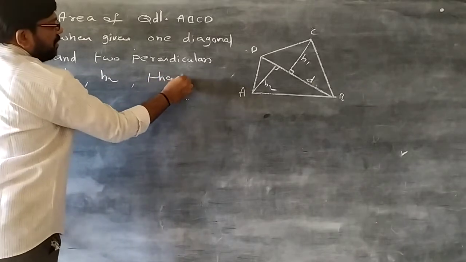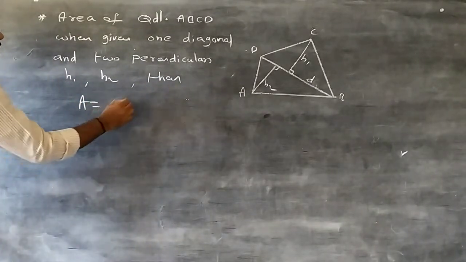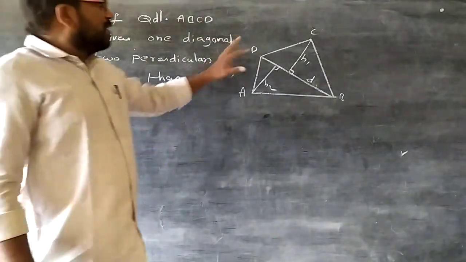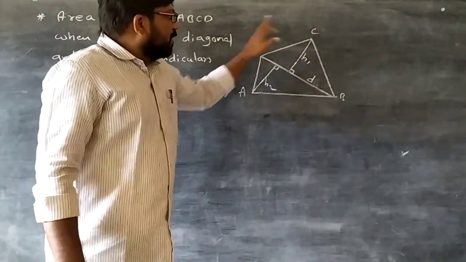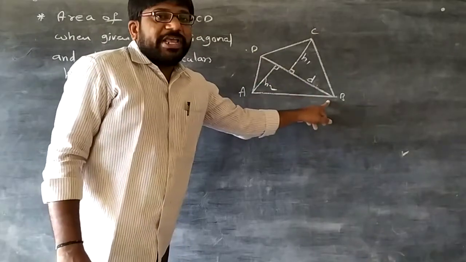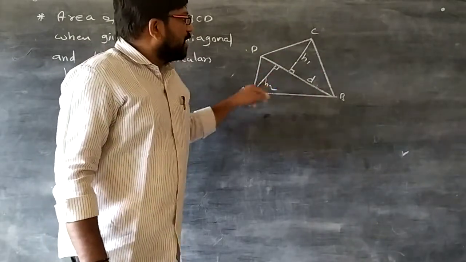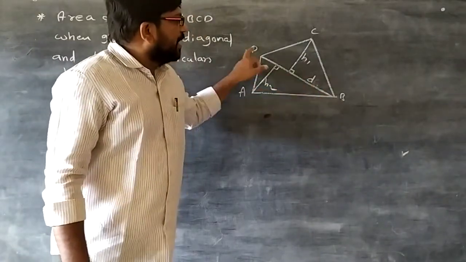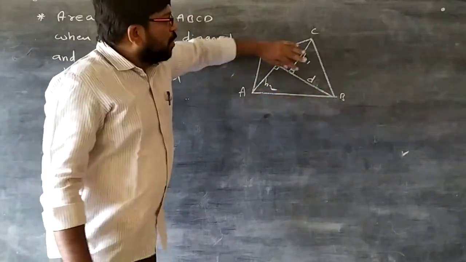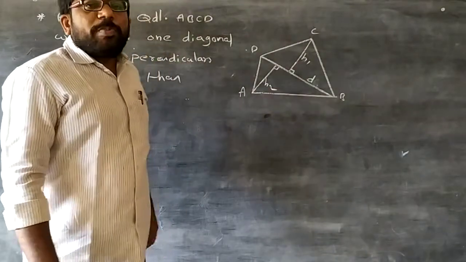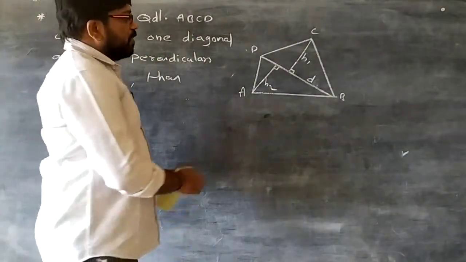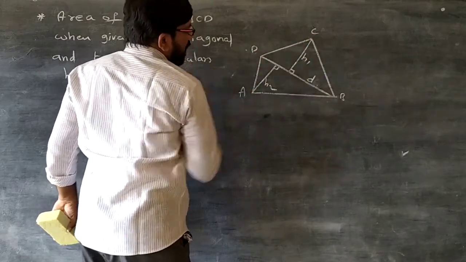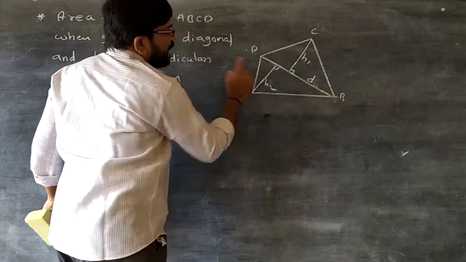Then the area of quadrilateral is equal to, observe carefully. The diagonal BD divides the quadrilateral into 2 parts, and the 2 parts are in triangle shape. BCD is one triangle and ABD is another triangle.